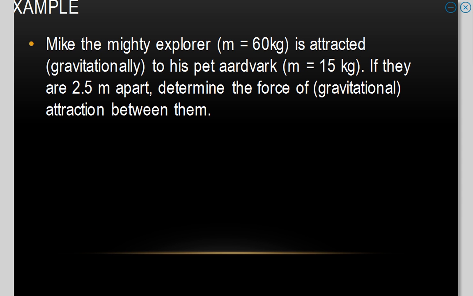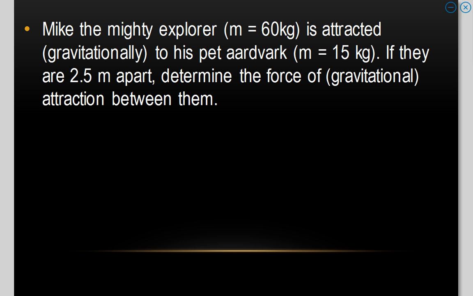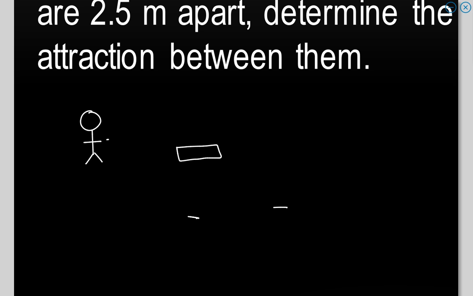Okay, so this example here about Mike and his aardvark, you can look at the two masses. Here's Mike, and here's his pet. I'm just going to draw a box. The gravitational force between these two things is going to be so small because, I mean, it's not a great diagram, but because their masses are so small, this gravitational force between them is going to be minute.